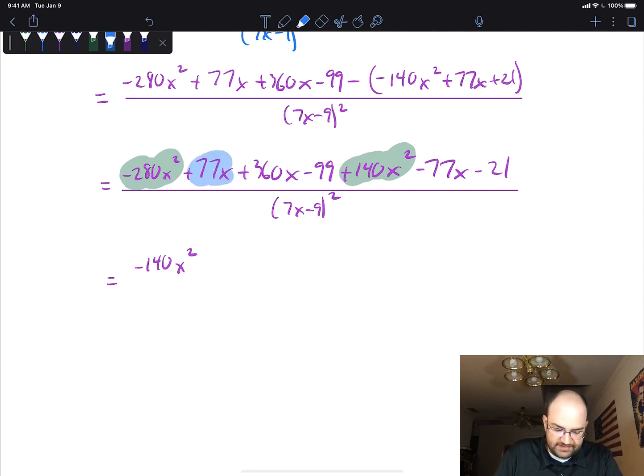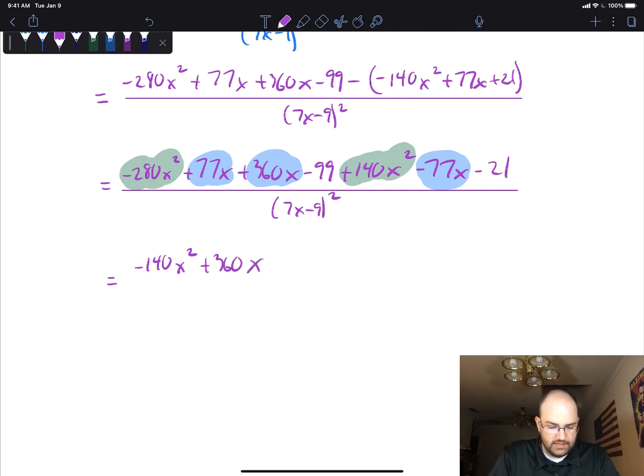Next, we have 77x plus 360x minus 77x. Notice that the 77 and the 77 cancel each other, and we're just left with this positive 360x. Good. And now for the last one, the negative 99 and the negative 21 give us negative 120.